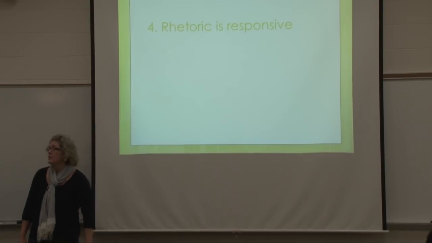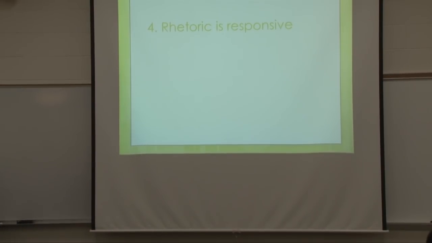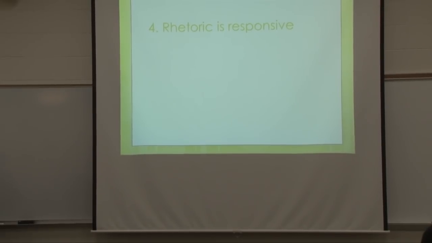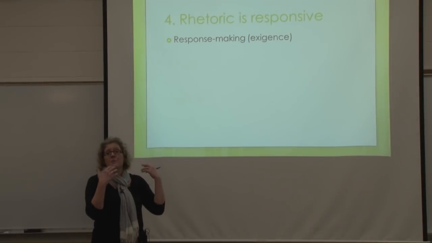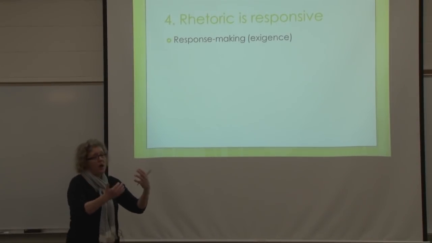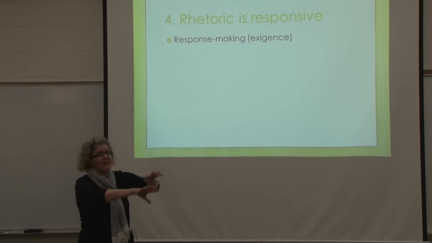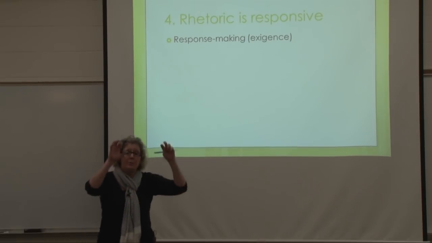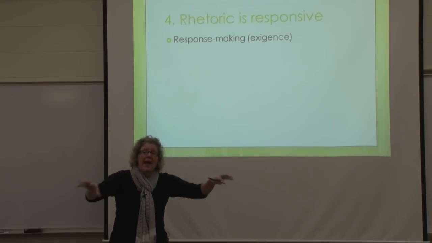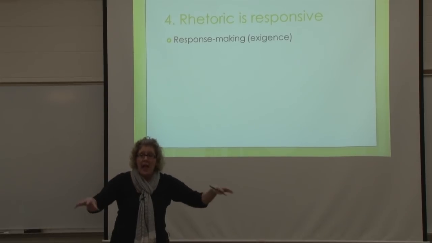We also talked about this before, but it's worth reiterating. So this idea that the fourth characteristic of rhetoric is that it's responsive. Rhetoric is response-making, which means there's an exigence. We talked with that term before. It prompts a rhetorical action or response. Something happens.